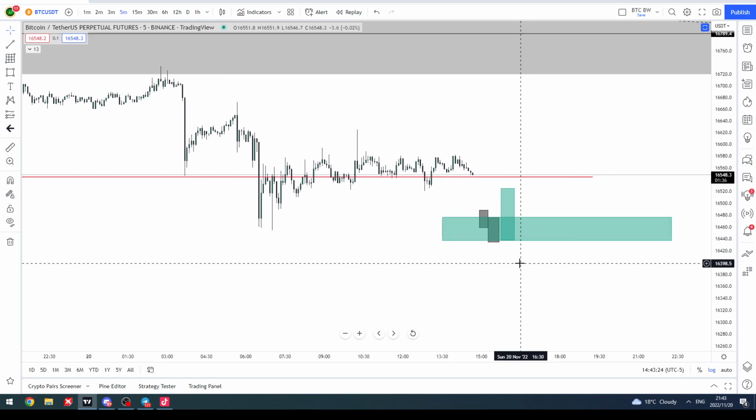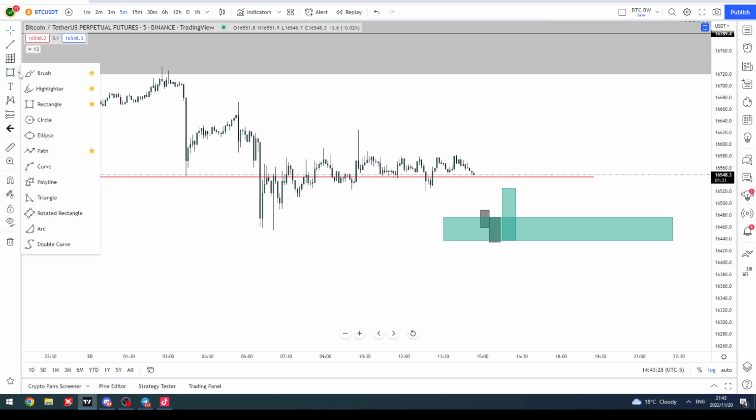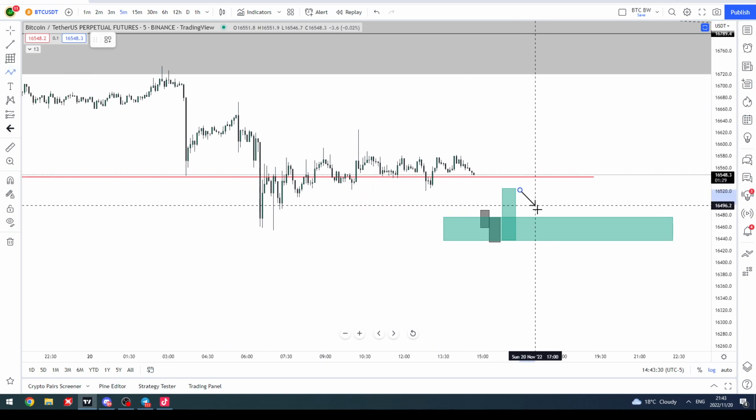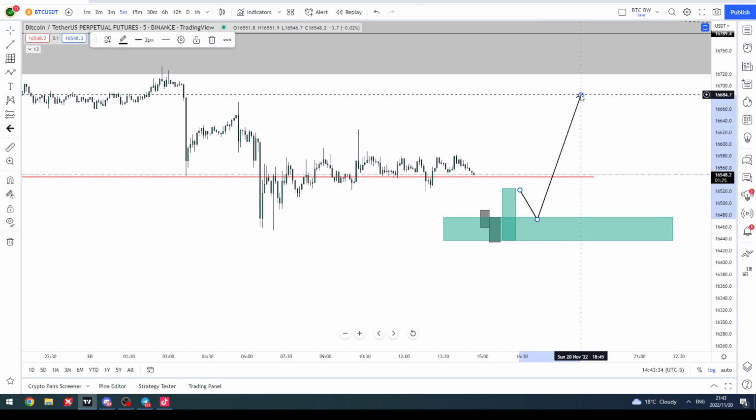Let's call it a wick below there. It makes this an order block. So what we would then be looking for is price to come back into it here and then go up.